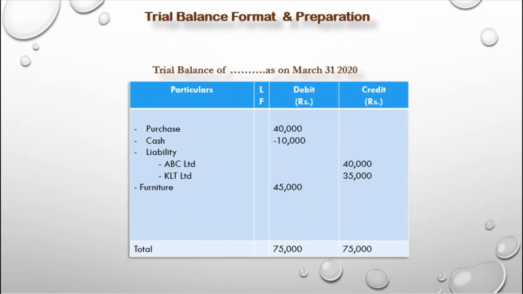And if your trial balance matches at 75,000, this is a sample, because I will illustrate a complete example in a later video. So here you just have to focus on the process, and this is the trial balance. Based on this trial balance, the accountant needs to prepare the final accounts, that is profit and loss and balance sheet. So these are the complete terms I have described here for your information.